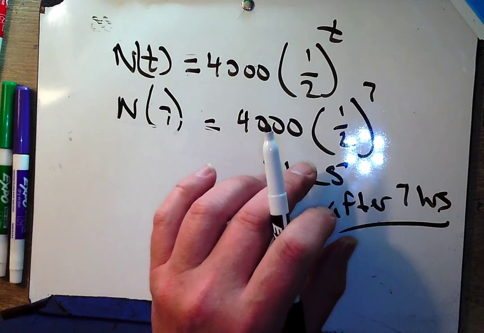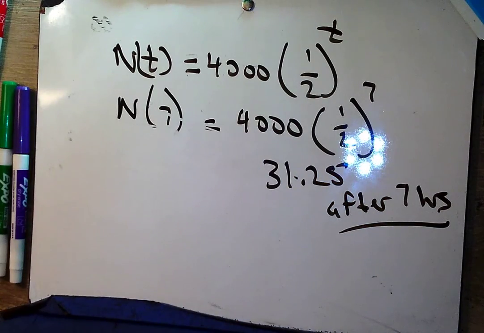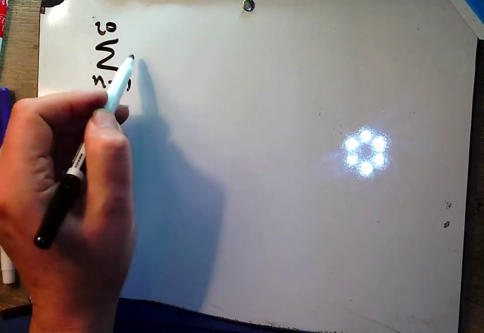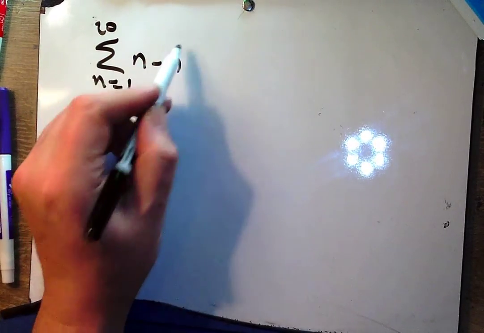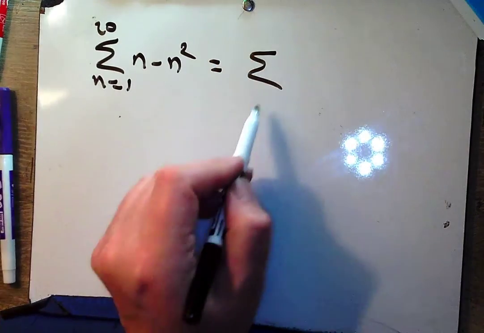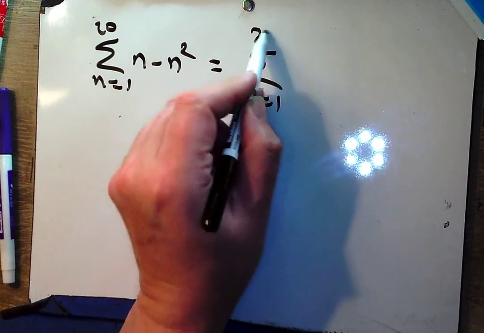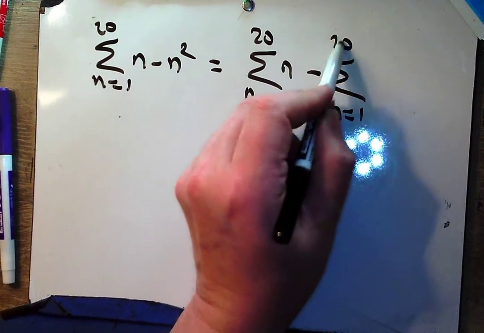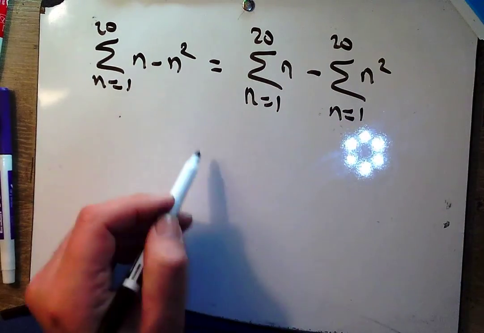Okay, that was 16. 17 looks like it's more sigma shortcut problems. So we've got the sum from n equals 1 to 20 of n minus n squared. Sure. That's the sum from n equals 1 to 20 of n minus the sum from n equals 1 to 20 of n squared.